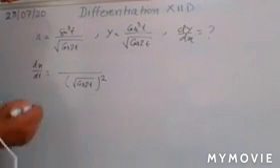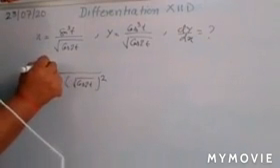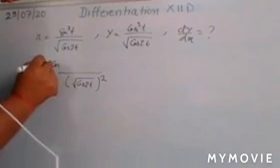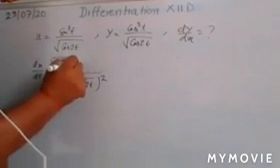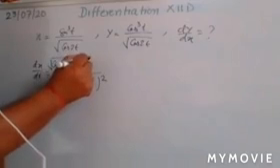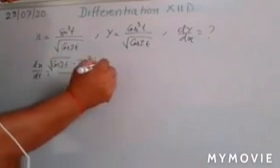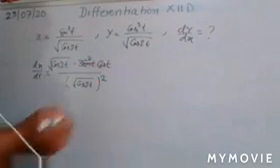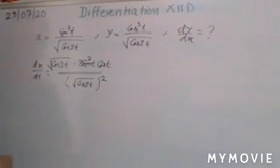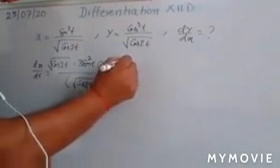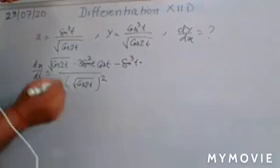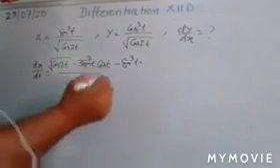Then the denominator cos 2t into differentiation of the numerator, 3 sine square t cos t, minus numerator sine cube t into the derivative of the denominator.